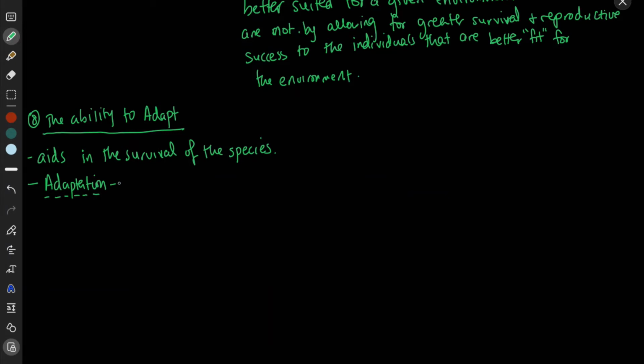Well, an adaptation is a characteristic that is necessary to be able to survive and reproduce in a given environment.